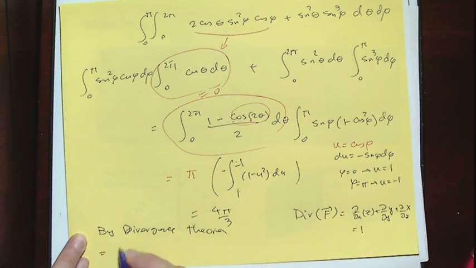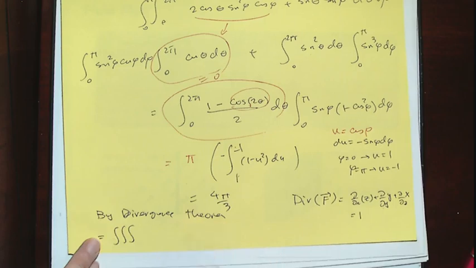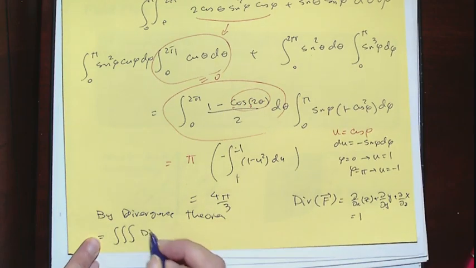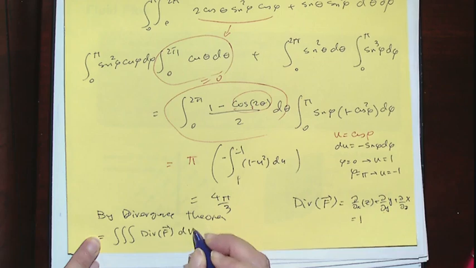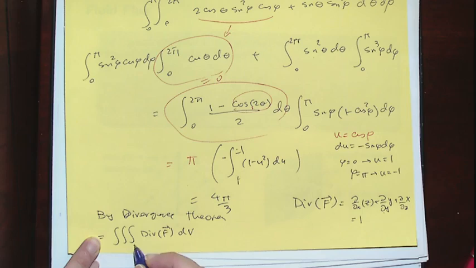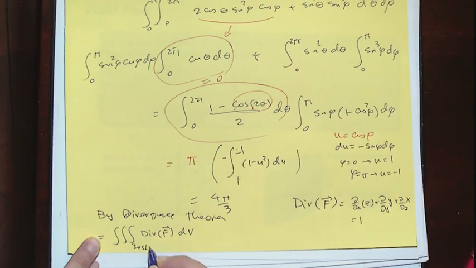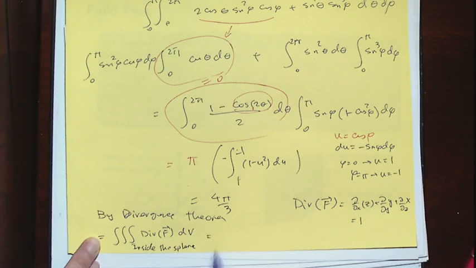This is equal to the triple integral of the divergence of F dV inside the ball, inside the sphere. The divergence is 1. Can I bring it out?